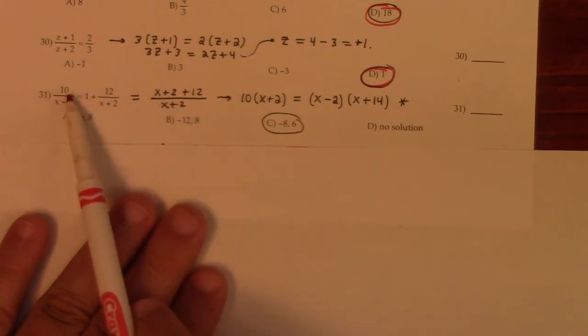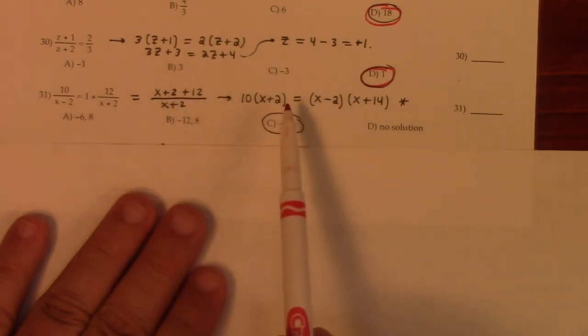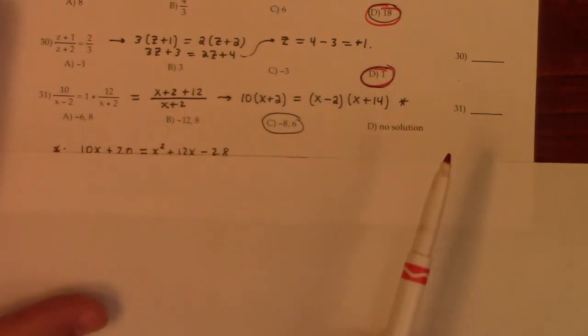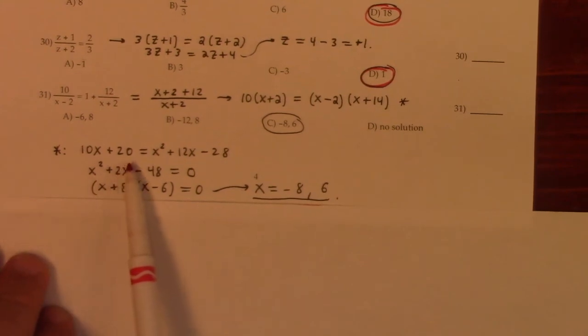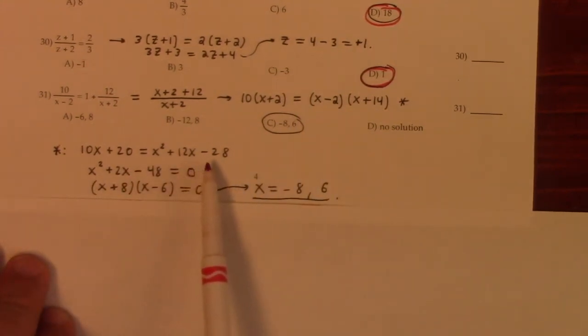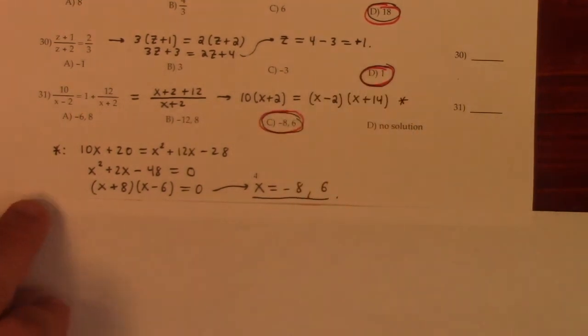I've got x plus 2 times 10 and x plus 14 times x minus 2. That gave me 10x plus 20 equals x squared plus 12x minus 28. Putting it all on one side, I get this quadratic, and then I can factor it, which reveals solutions of minus 8 and 6. So that's how you do those ones.